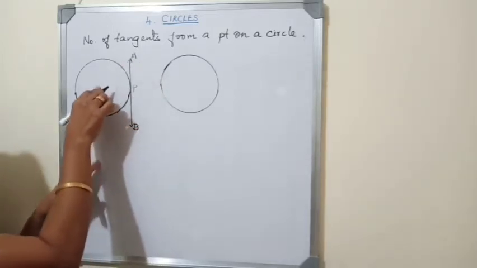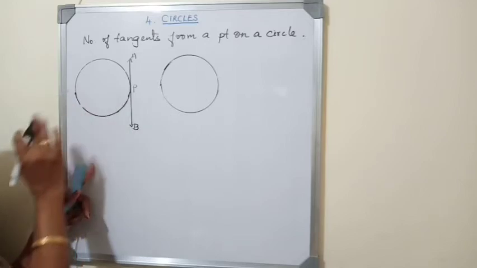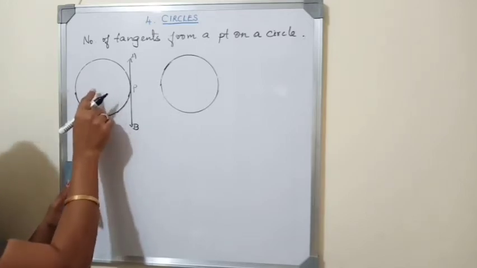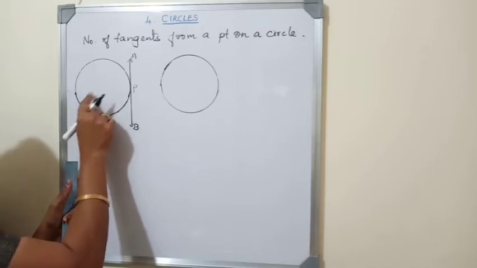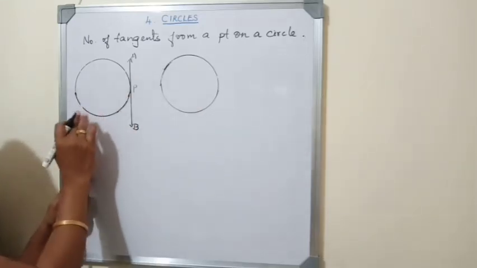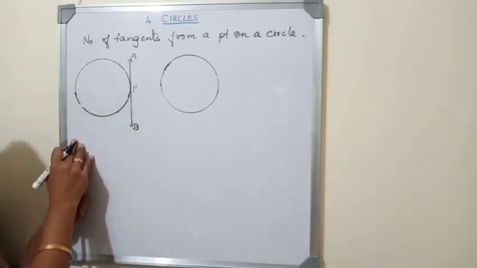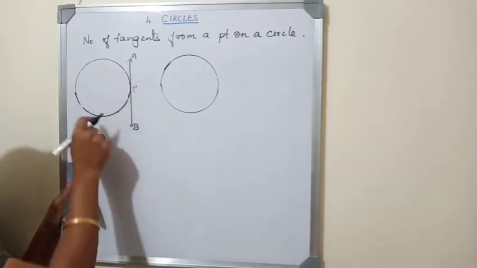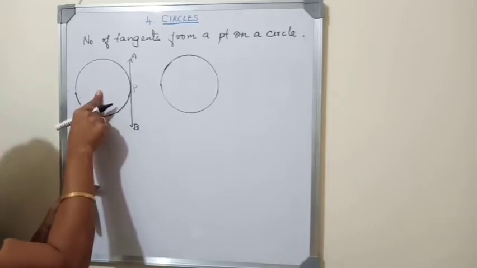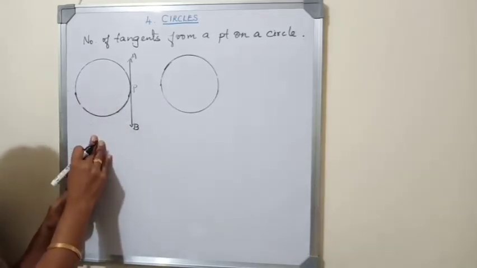Suppose I mark a point inside the circle, can we draw a tangent? No, it is not possible. Because if you draw a line through this point inside, then it will become a secant. It will cut the circle at two points. If the point is inside the circle, we cannot draw a tangent.